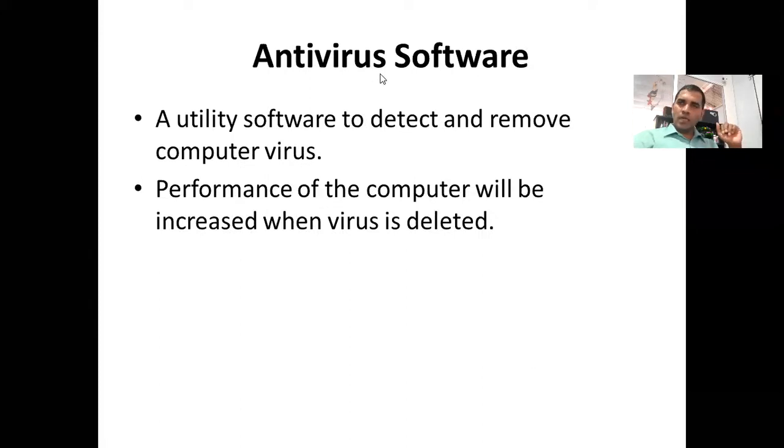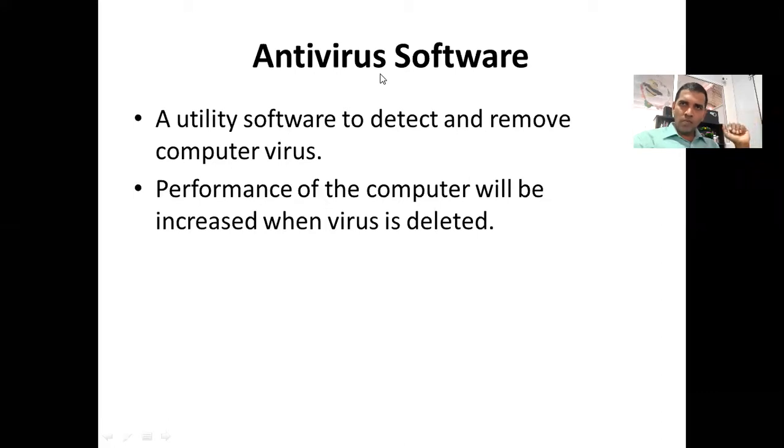Then another one, antivirus programs, right? This is a very familiar one. Antivirus is one of the utility programs. We all use antivirus programs for removing or detecting viruses, because a virus is a small program which can do bad things for the computer.